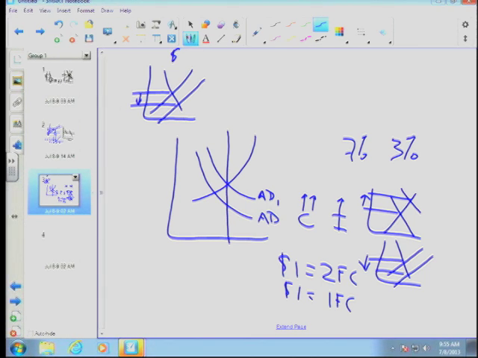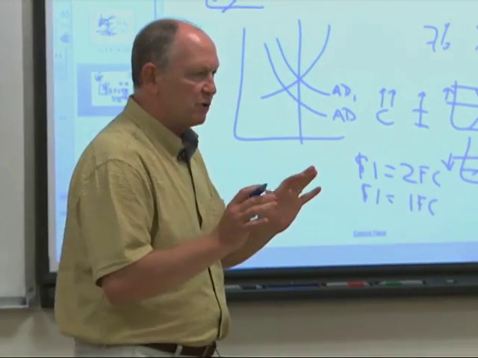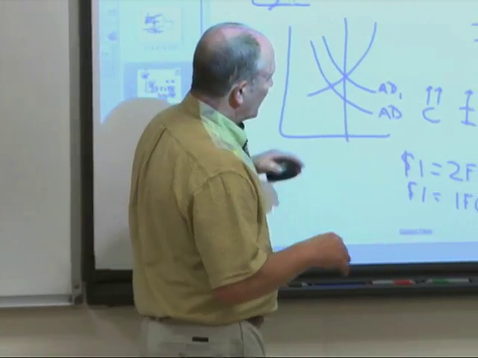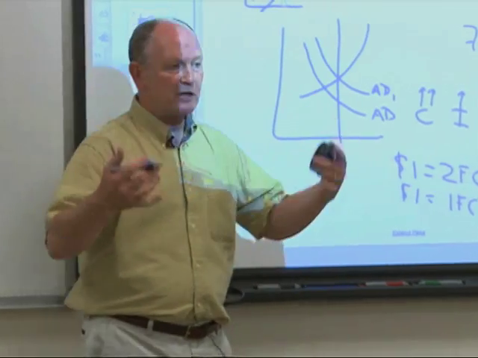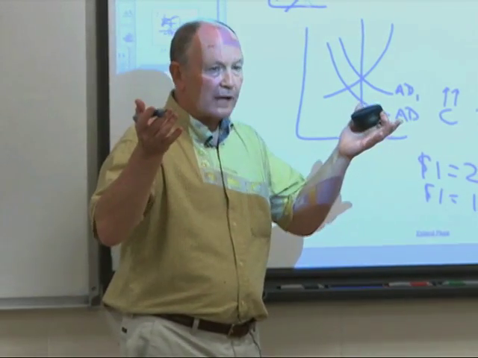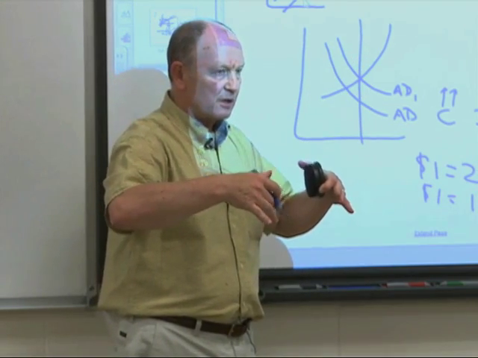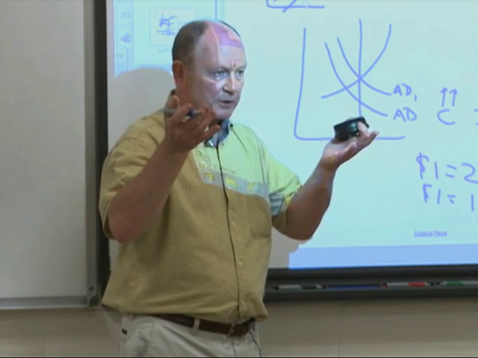So what happens to exports? Exports increase. Remember what happened in fiscal policy? When the government, trying to stimulate the economy, goes out and borrows money in order to spend more, interest rates rise. People buy dollars to invest in the United States. The value of the dollar goes up.